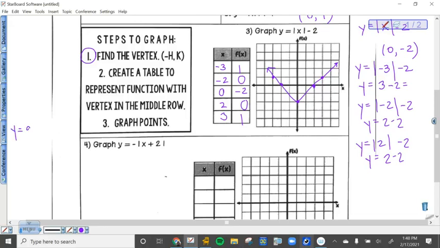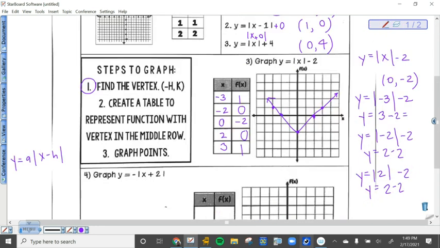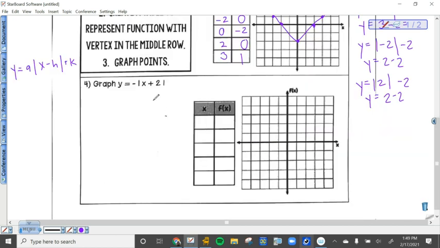Y equals A times X minus H plus K. Where is my H in this example? The 2 is going to be positive 2 or negative 2 when I write my vertex? Negative 2.